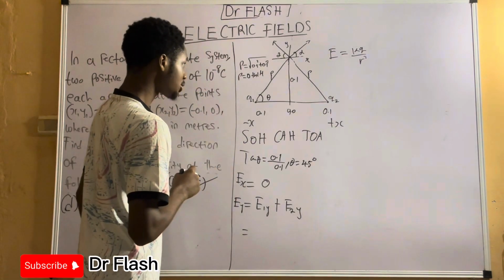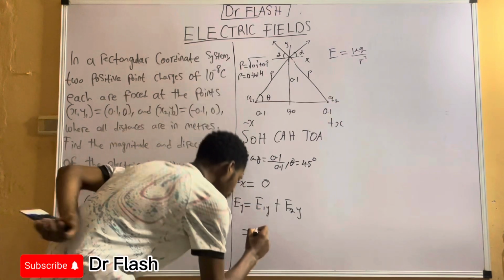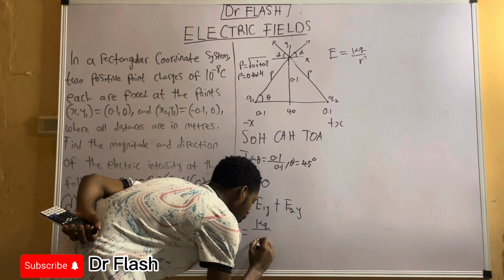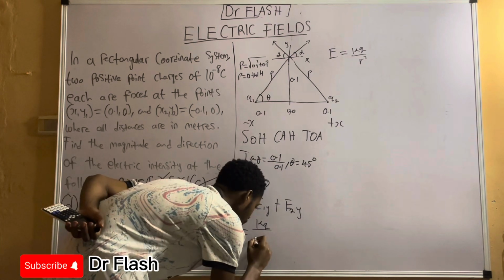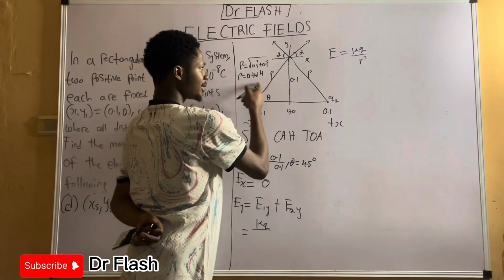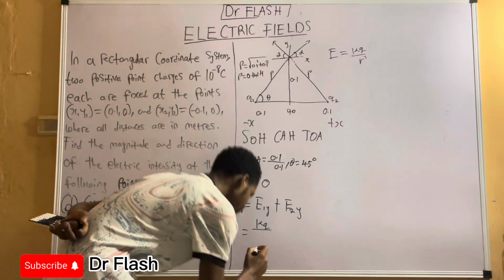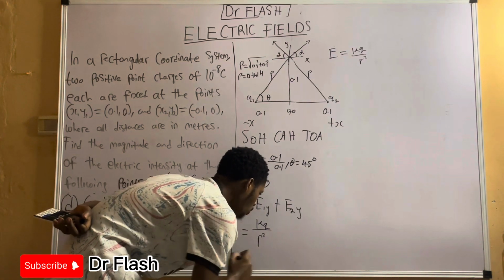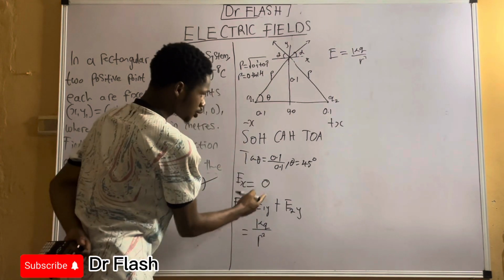So to solve that, we're going to make use of the formula KQ over R squared. The distance is actually the same, so we could put the same R. We have R squared. Then we're not just going to use the formula as is.